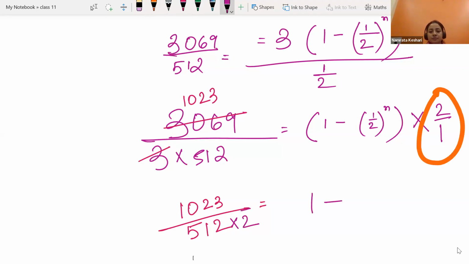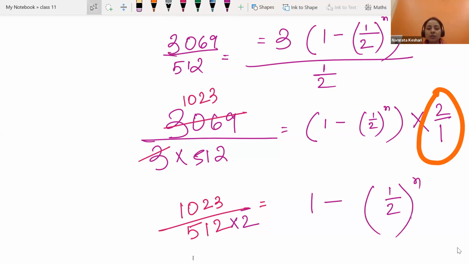Yes, ma'am. We are just left with this one. If I check whether cancellation is possible, I can clearly see it is not. The numerator is divisible by 3, and the denominator 512, 5 plus 1 plus 2 is 8, is not divisible.